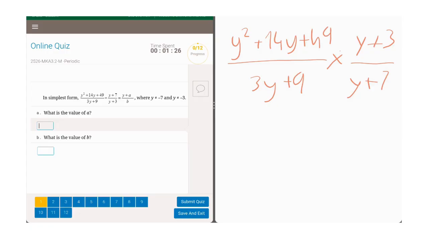We can factor this first expression using the box method. y, 7, cross multiply, you get 7y and 7y. You can add them both to make 14y.